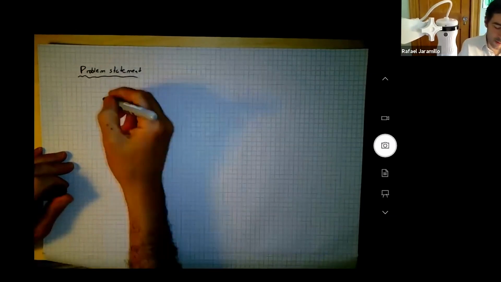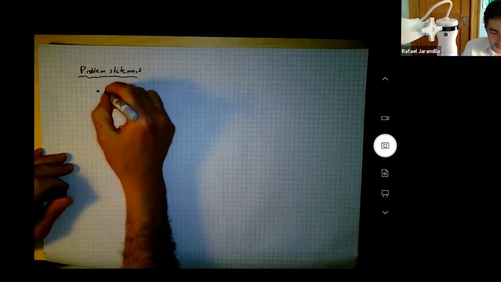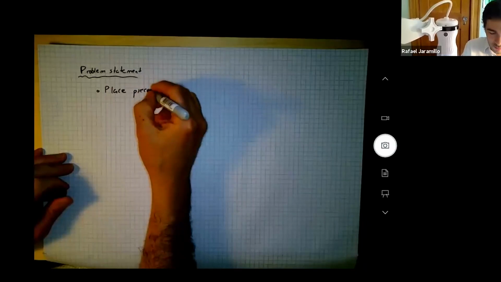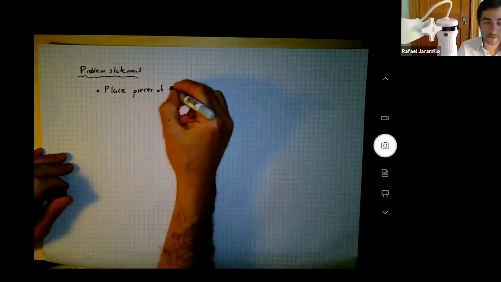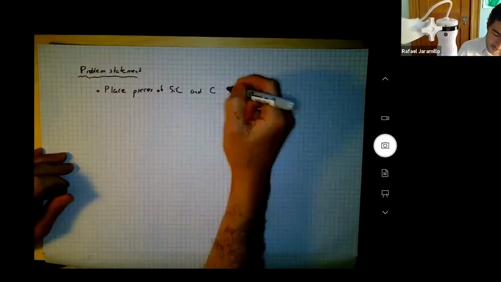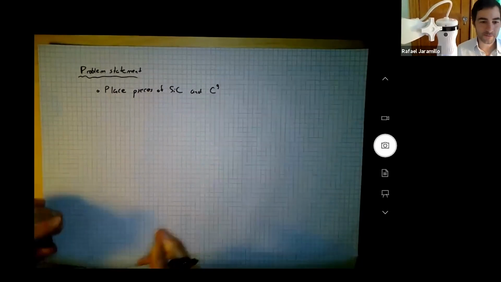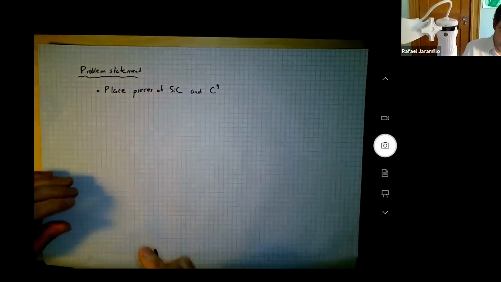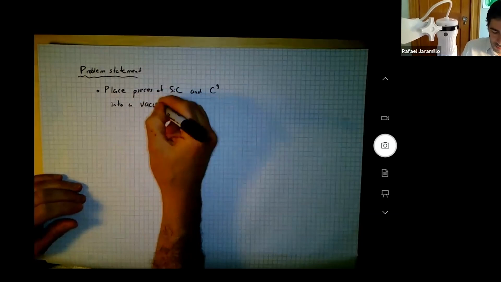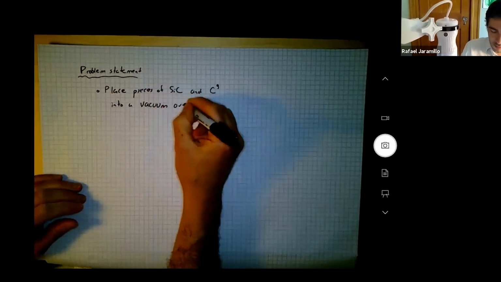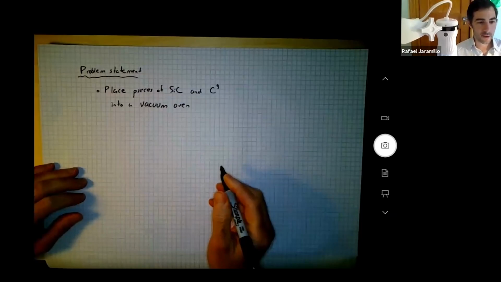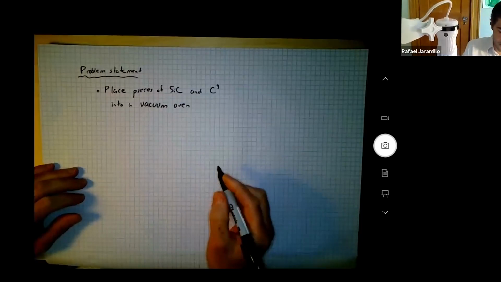So I'm going to give you a problem. This is like a word problem you might find on a test or something like that. Place pieces of silicon carbide and carbon, and for now I'll label that graphite, but you just keep in mind it's carbon, right? Into a vacuum oven. The vacuum oven is an oven that can operate under vacuum. They're all over campus, if you don't know already.